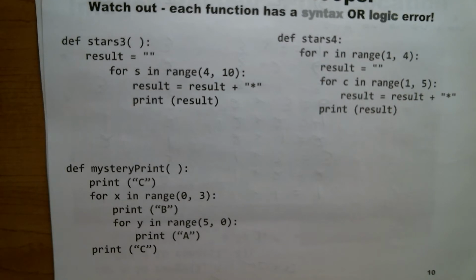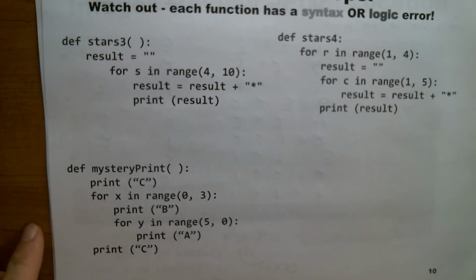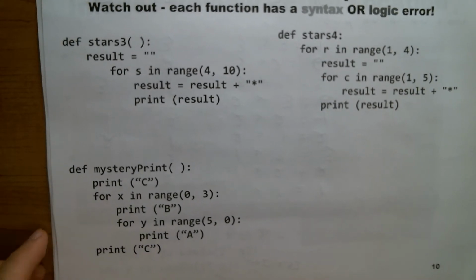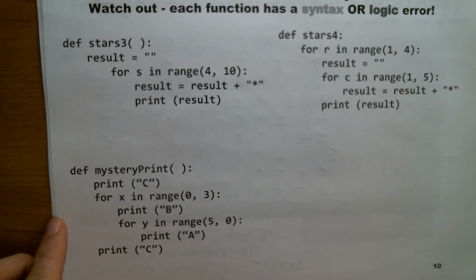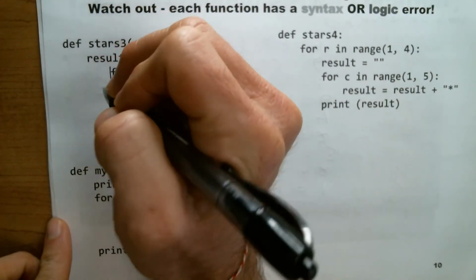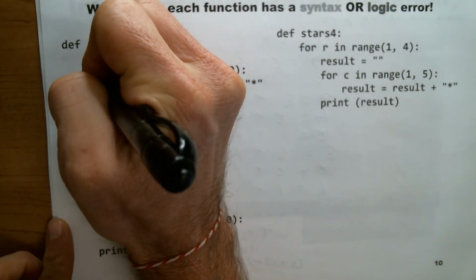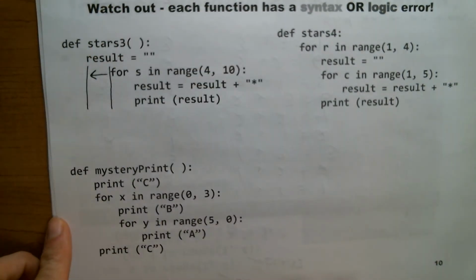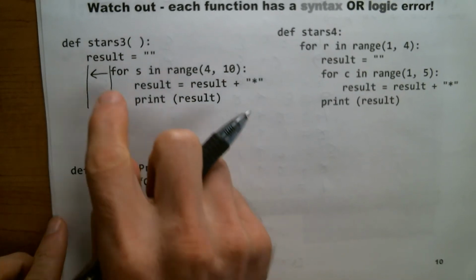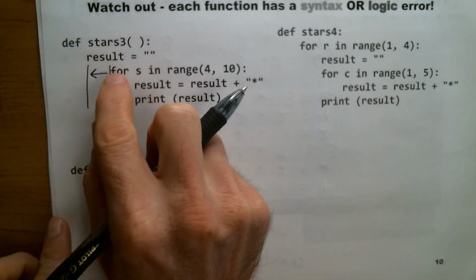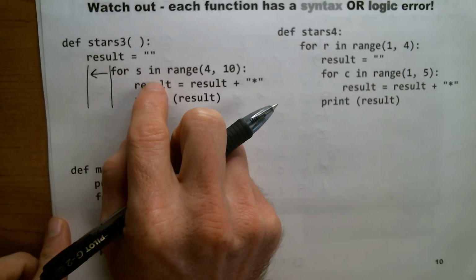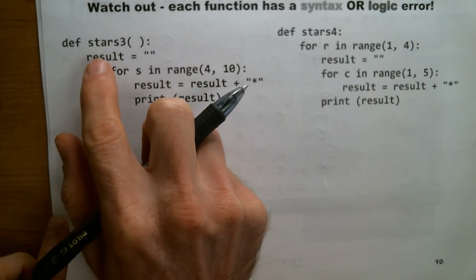All right, so first one, the mistake that we're seeing here is that this is improperly indented. So this should actually be over here, all right? We do indent when we're going inside of a loop, but this is all part of the same program.